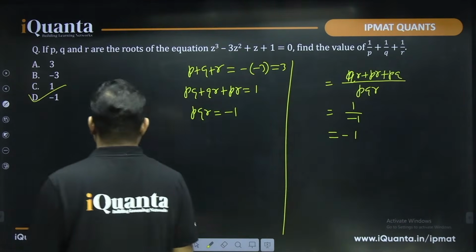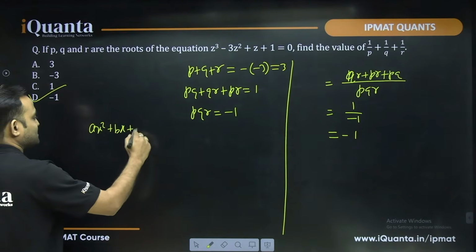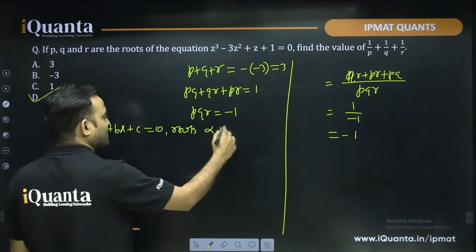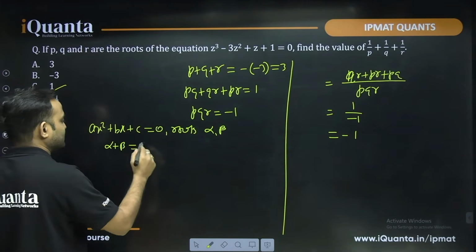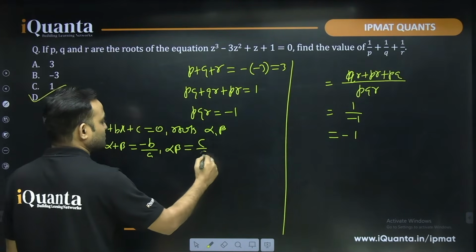Folks, see, whenever you have ax square plus bx plus c is equal to 0, with roots alpha and beta, you can say alpha plus beta is equal to minus b by a, and alpha beta is equal to c by a.